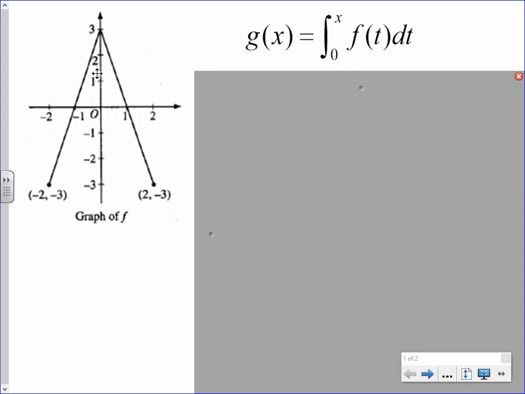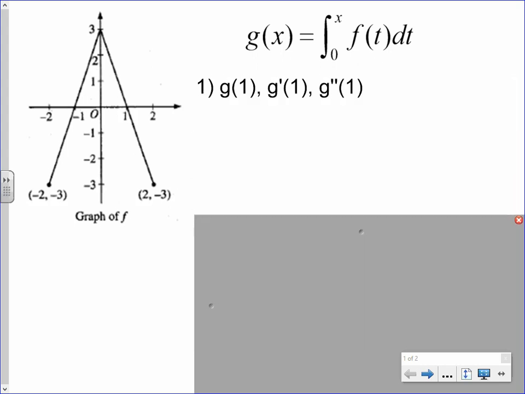So g is defined as the integral from 0 to x of t dt. Okay? So this is what we need to find. First of all, I want us to find g of 1. If I'm going to find g of 1, what does that mean? That means we have the integral from 0 to, instead of g of x, this is g of 1, so we're plugging 1 in for x.